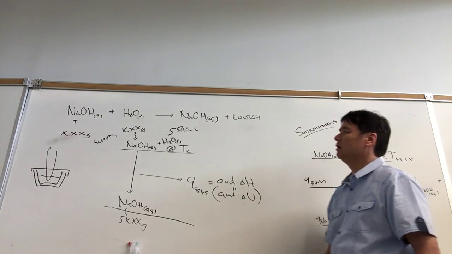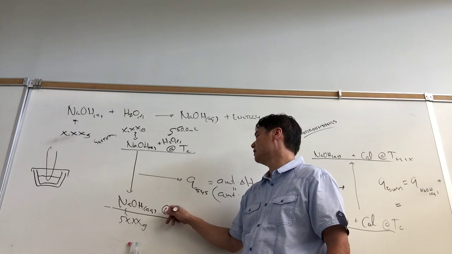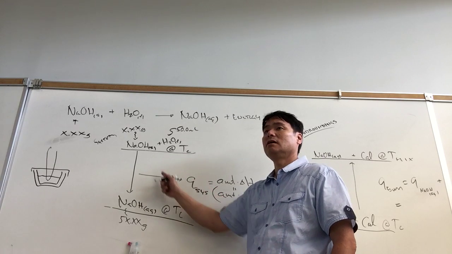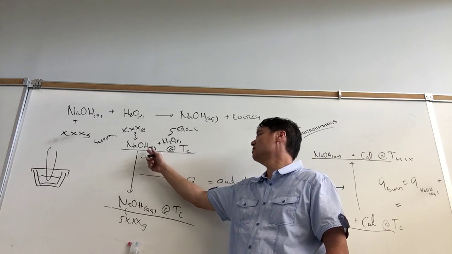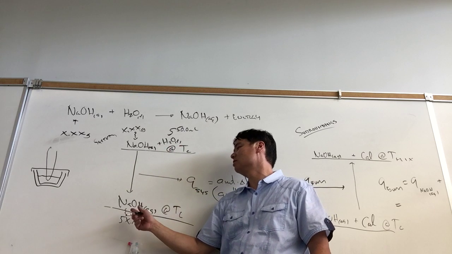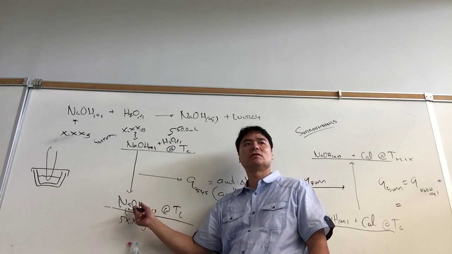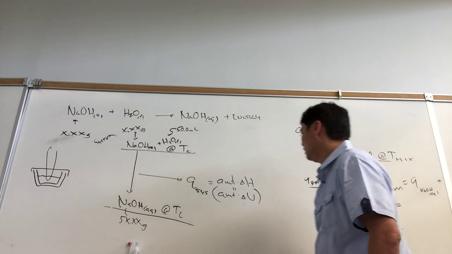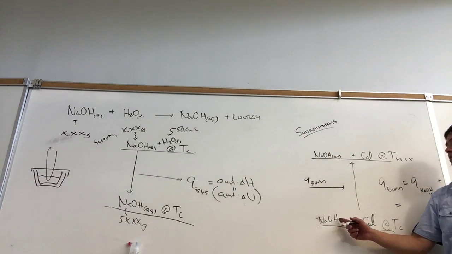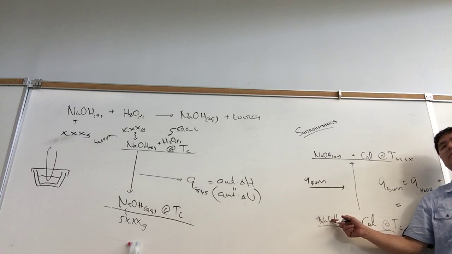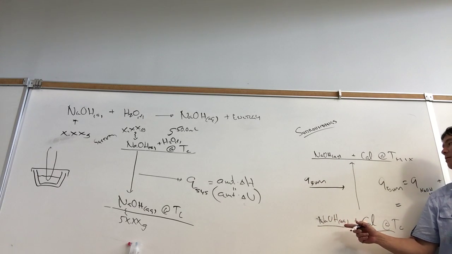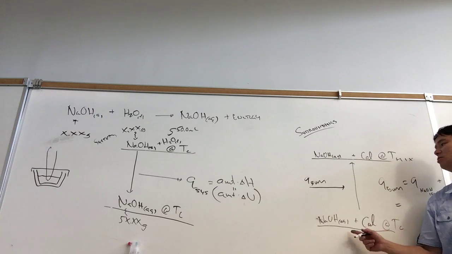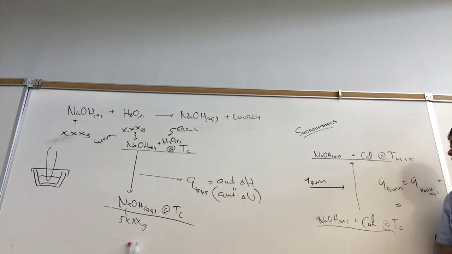If you look over here, is there any change in kinetic energy? No, the change is entirely potential. The potential energy of solid sodium hydroxide in liquid water is different than the potential energy of aqueous sodium hydroxide. Over here, the potential of sodium hydroxide aqueous is the same as the potential of sodium hydroxide aqueous. The potential of the calorimeter is the same as the potential. Nothing changed in potential energy. The change is strictly all kinetic energy.